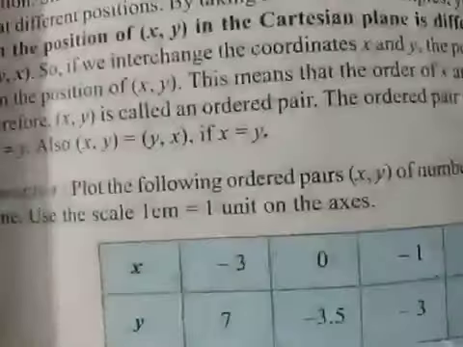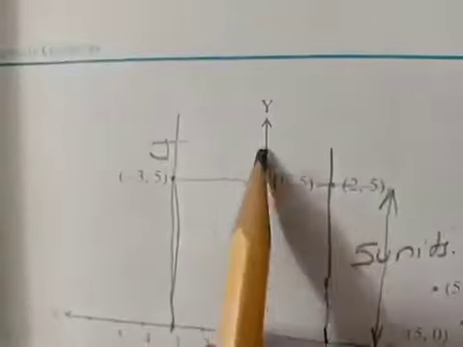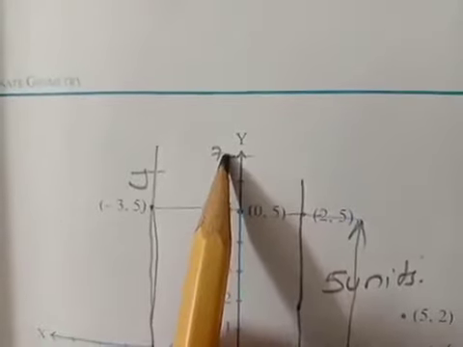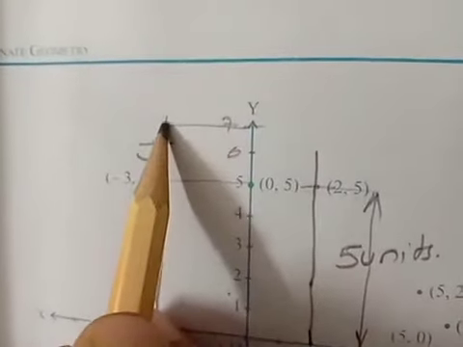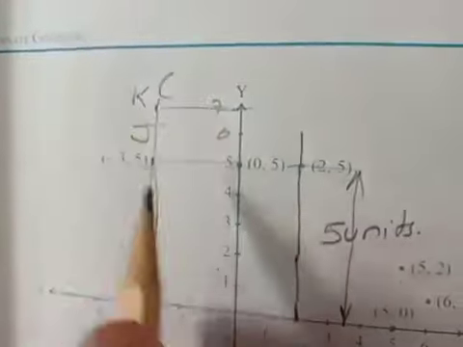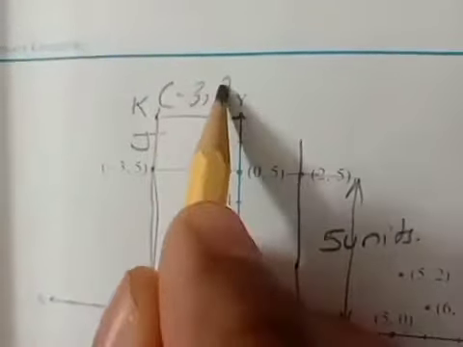Now the y ordinate given is 7, it is plus 7, so it is in the second quadrant. 5, this is 6 units, this is 7. Draw a horizontal line meeting this point as K. So the coordinates of this are minus 3, 7.